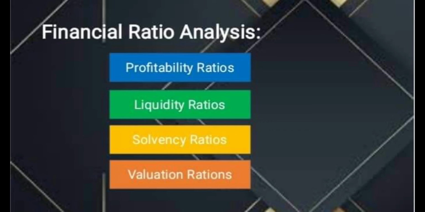Liquidity ratios are financial ratios that measure a company's ability to repay both short-term and long-term obligations. Solvency ratios measure how well a company's cash flow can cover its long-term debt. And the valuation ratios. The point of valuation ratios is to show the price you are paying for some stream of earnings, revenue, or cash flow.